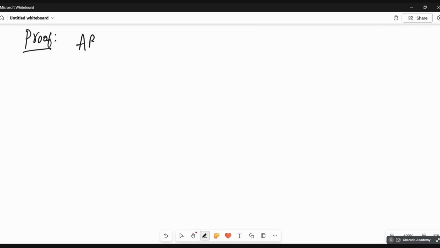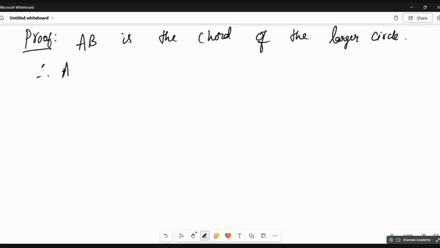AB is the chord of the larger circle. Therefore, AP is equal to PB. What is the reason?